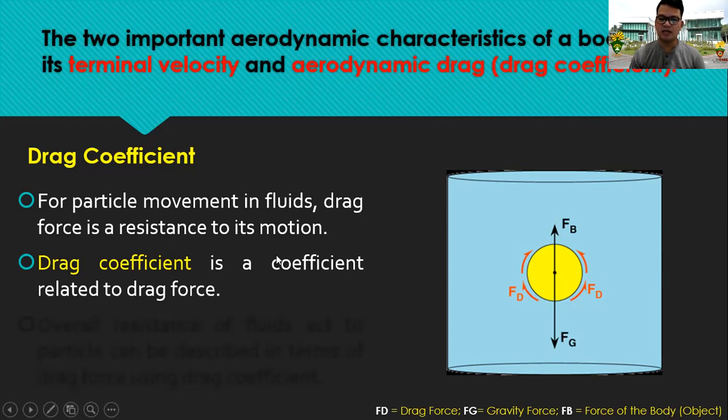It will move parallel, or in agreement with the movement of the air. So FD is the drag force, FG is the gravity force, and FB is the force of the body or the object. The drag force is just the force that will affect the movement of the material when it is being moved.